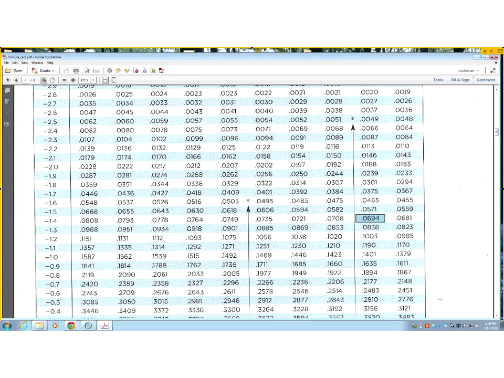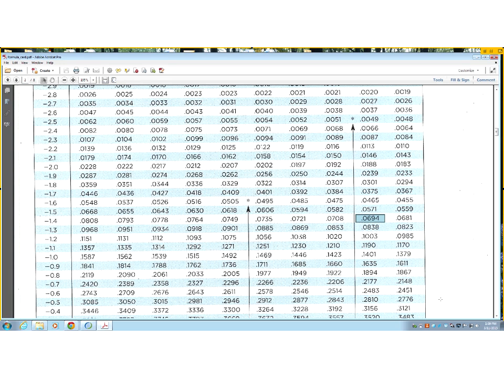But is that the area to the right, or is that the area to the left? If the table gives you the area, it's always, always, always the area to the left. So remember, when you look up a Z-score, the area you get is always the area to the left.